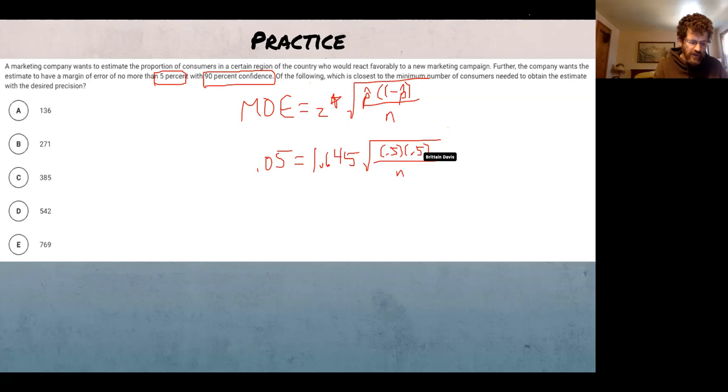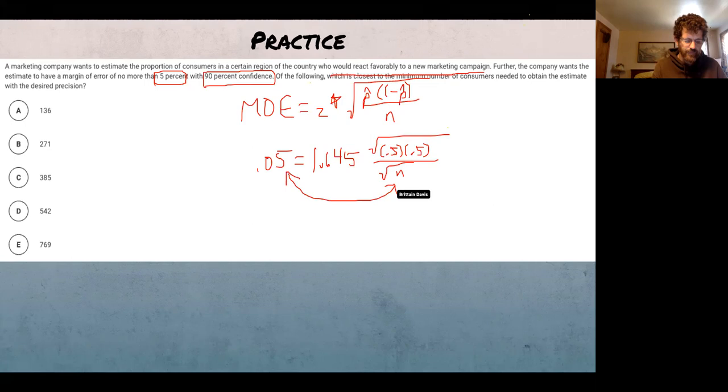What's going on is how many are going to react favorably to a marketing campaign? What proportion? We're going to assume it's 50-50. Half of them like it, half of them hate it. And now we can do this calculation and figure it out. Before I just plug this into a calculator, I'm going to remind you that this is equivalent, and we did this algebra switcheroo right here.